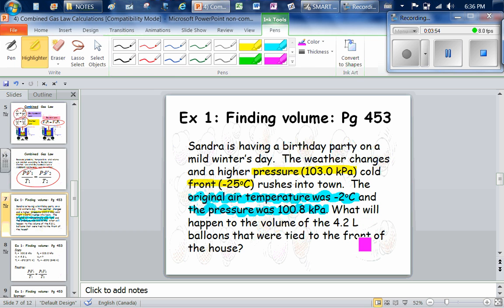And it's asking what will happen to the volume of the 4.2 liter balloons that were tied to the front of the house. So is that volume going to change? This is your initial volume. The only one that we don't have and the one that we're looking for is that final volume of the balloons at the front of the house.